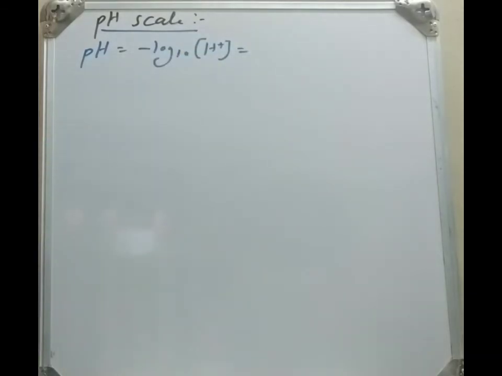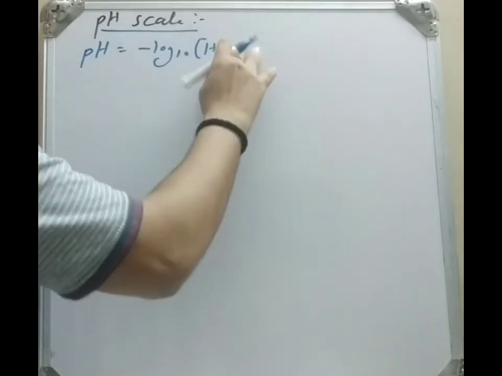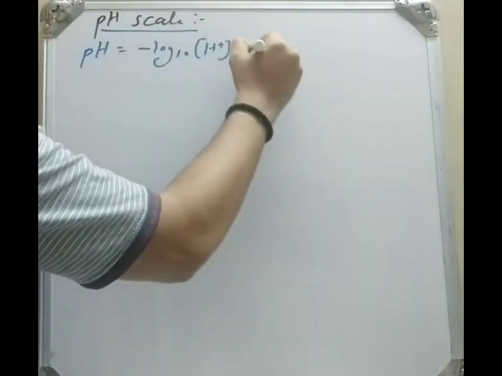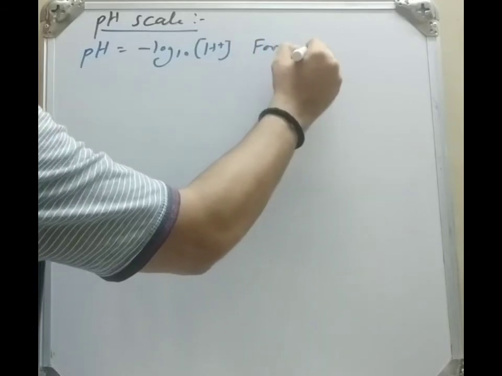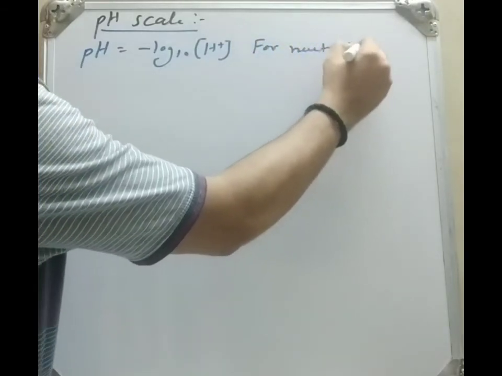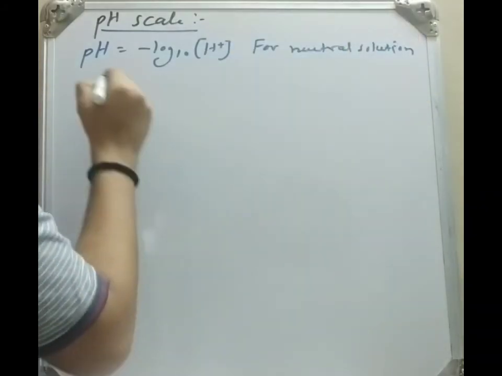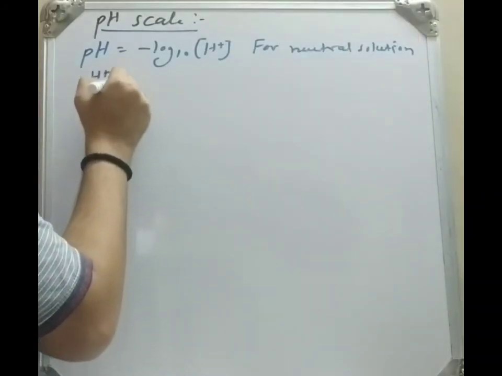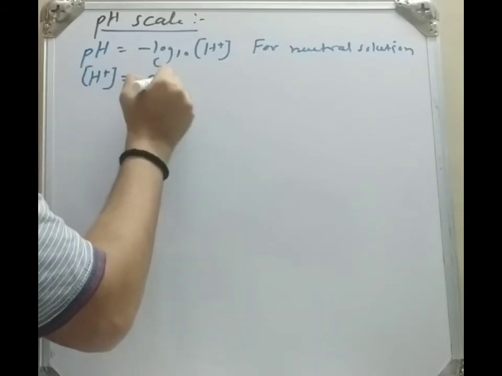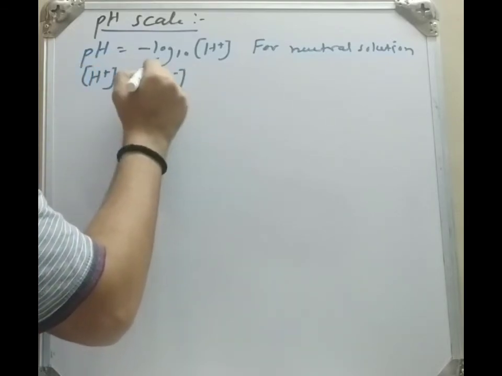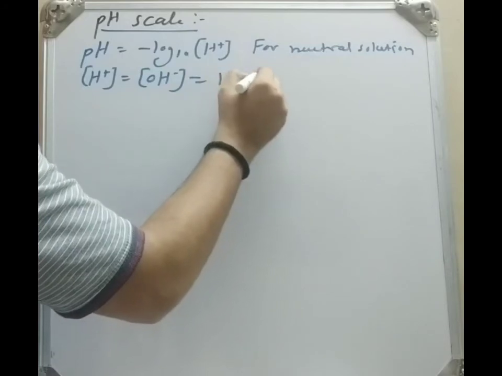In neutral solution, H plus concentration is equal to OH minus concentration, and that is equal to 10 raised to minus 7. So we can write here, for neutral solution, H plus concentration equal to OH minus concentration, that is equal to 10 raised to minus 7.